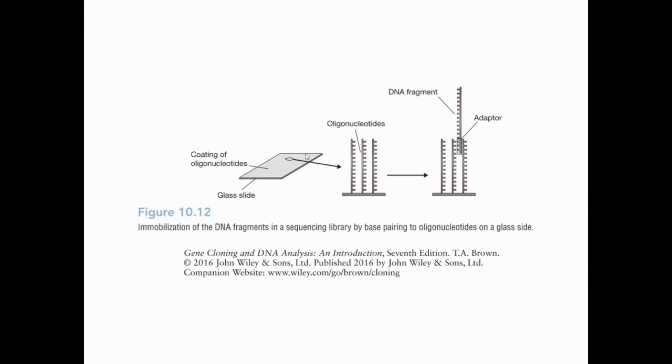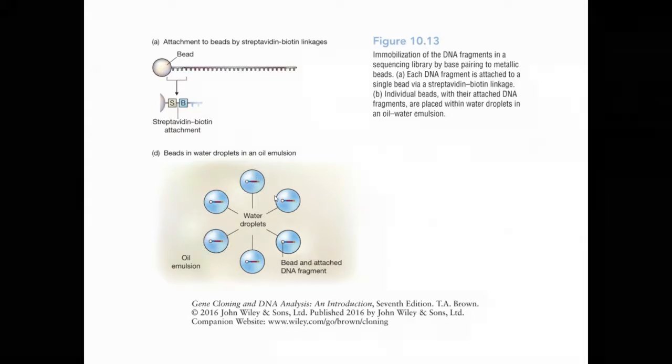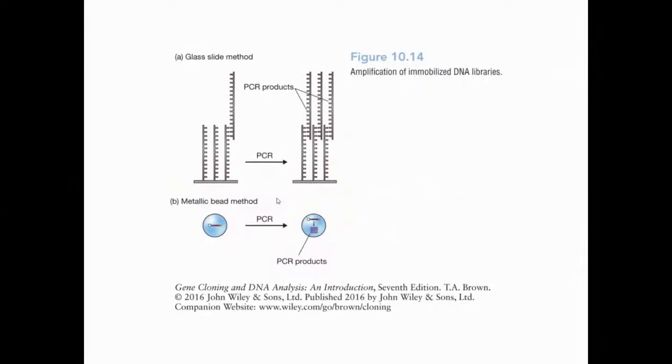It's on the slide, and this is the bead. You have this streptavidin biotin attachment, all right? And then the beads in a water droplet in oil emulsion, and then perform the PCR, all right?